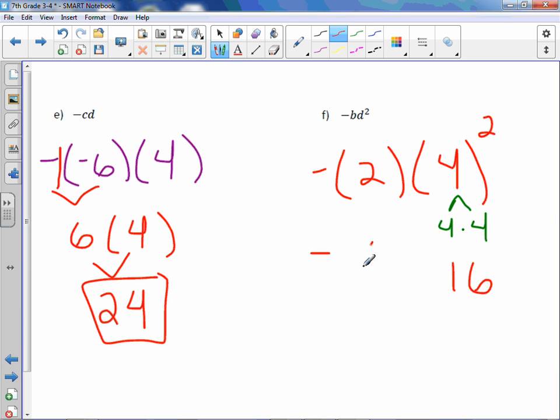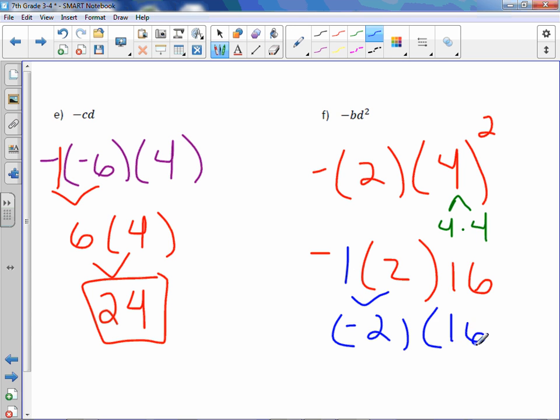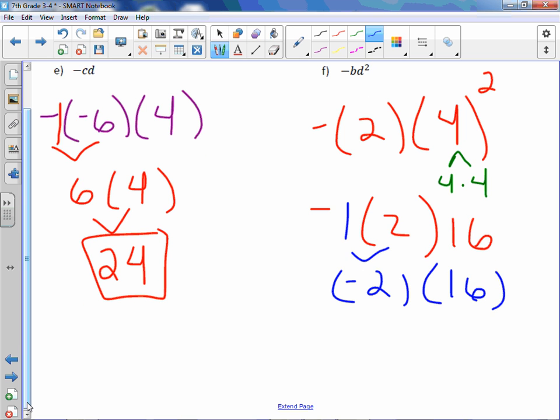And bring down that negative 2. Again, remember that this is really a negative 1. It's invisible. So negative 1 times 2 is negative 2. And bring down that 16. And then negative 2 times 16 is negative 32.